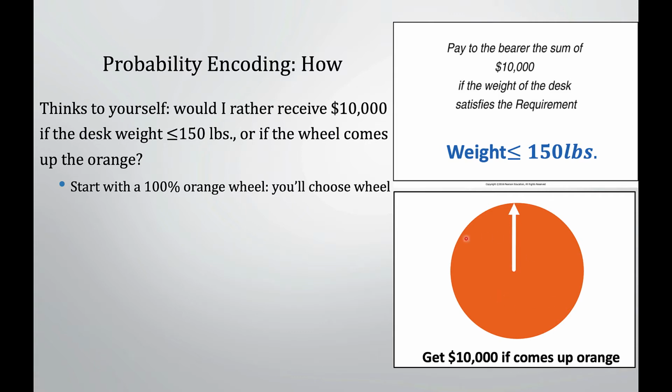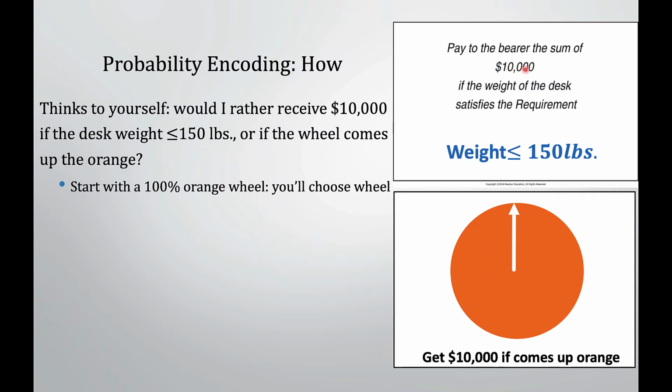The deal over here with the roulette is if the needle rests in the orange color, you get $10,000. Over here, the deal that you get if you select this certificate is that if the weight of the desk is below or equal to 150 pounds, you would get $10,000. Note, the prizes are the same between these two deals.